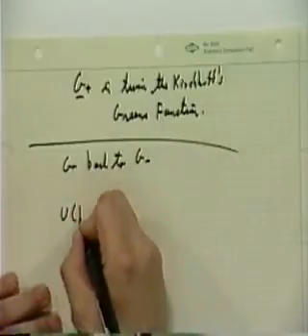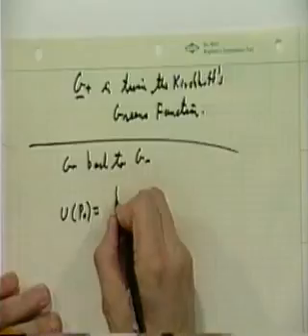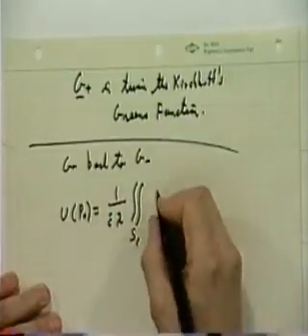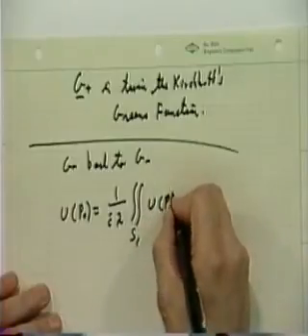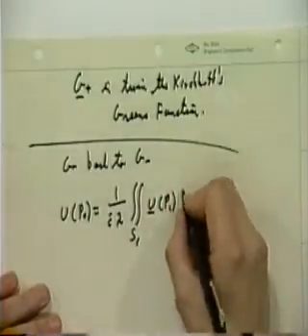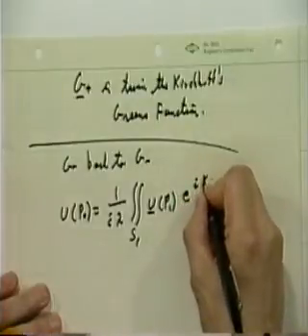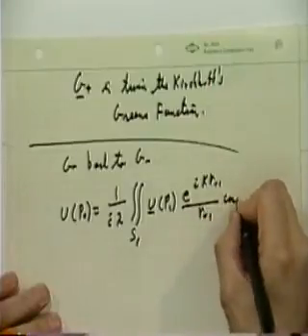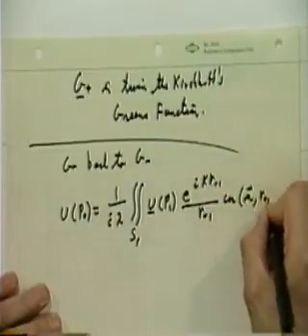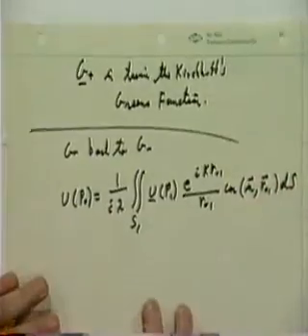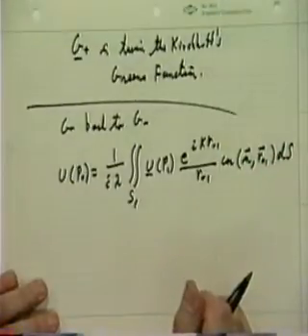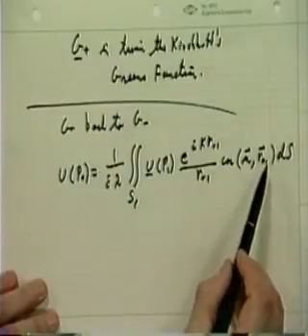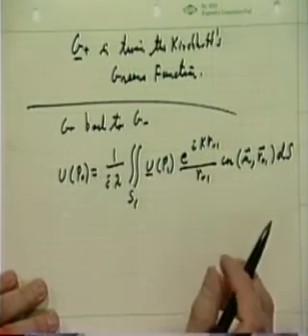So now we have that U of P naught is equal to 1 over i lambda integral over S1 of U of P1, e to the ikR01 over R01, cosine(n, R01) ds. And I guess the only big assumption here was we assumed that R01 was many wavelengths.